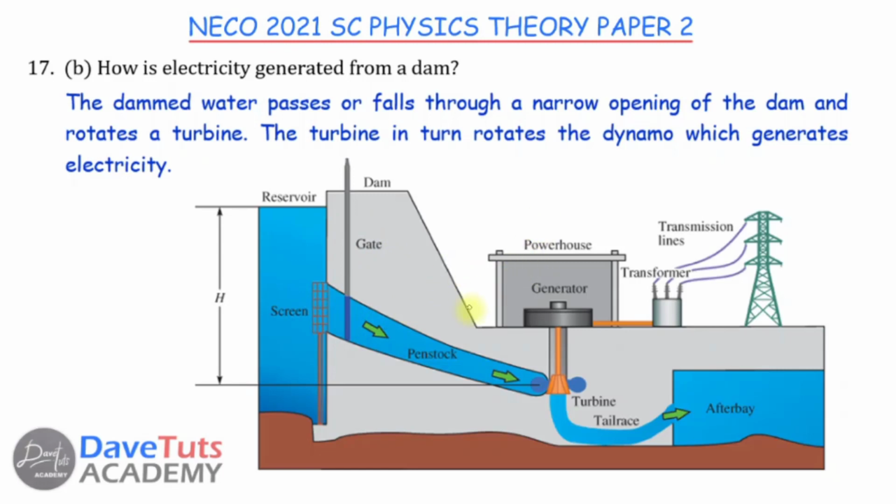So if you want to actually start generating electricity, the water inlet will pass through this penstock, and then that water, as it is flowing, will be turning this particular turbine, and the turbine itself will rotate the dynamo that will go ahead to generate electricity, which can now be passed through the transformer and then connected to the transmission lines and distributed to wherever it is to be distributed. So this is just as good as it gets. If you are able to just state these 2 statements, it will be good and fine and earn your full marks.